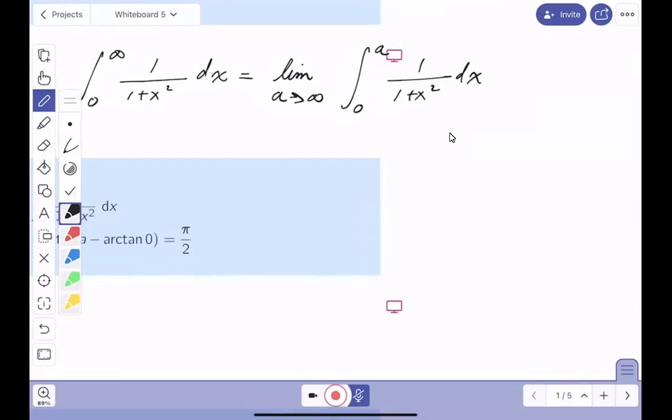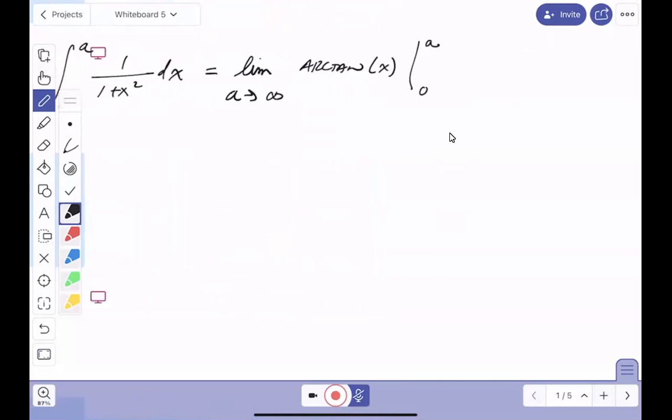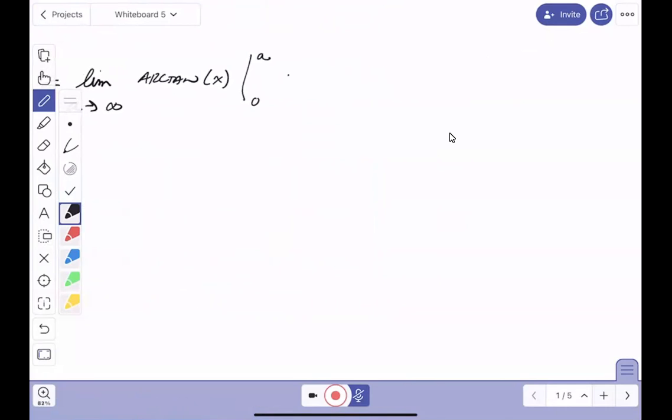You should recognize that guy, and you should know its antiderivative, something covered in math 121, and certainly reinforced in this class many times. That's arctangent of x, limit of integration 0 to a. Let's keep going.